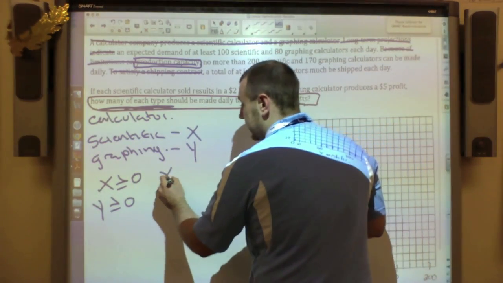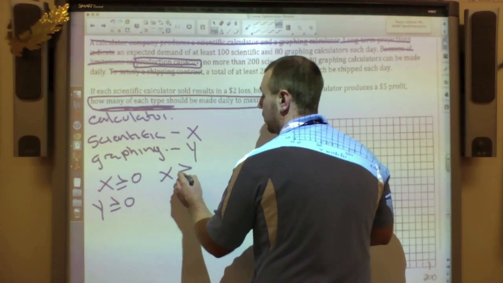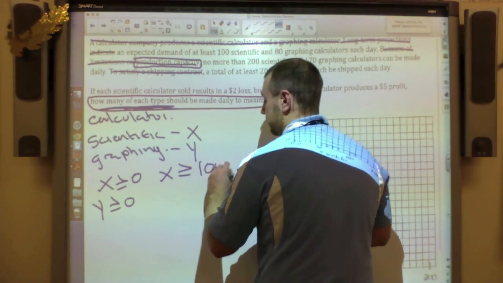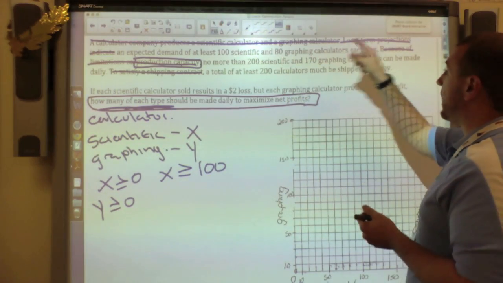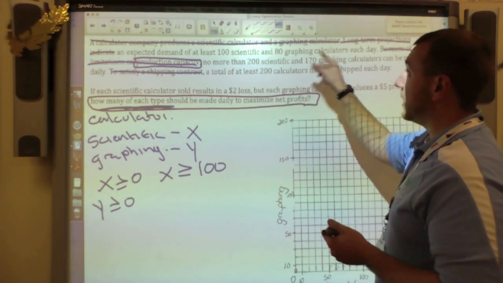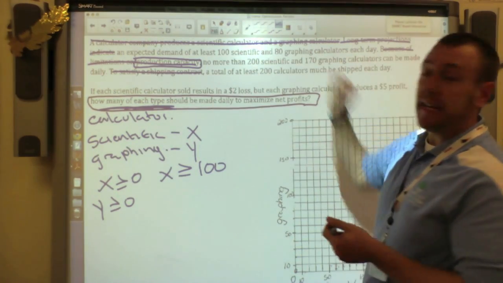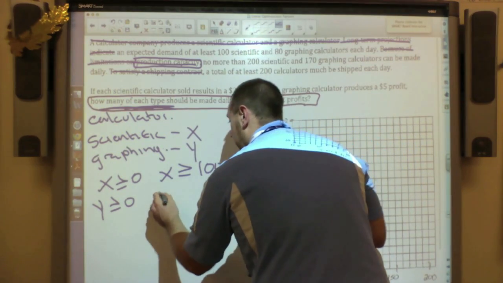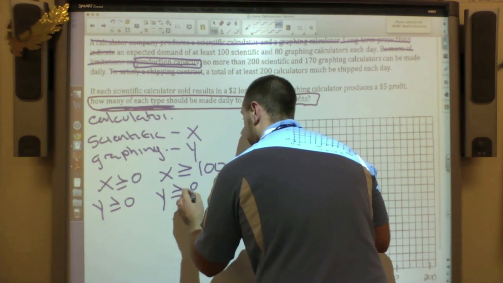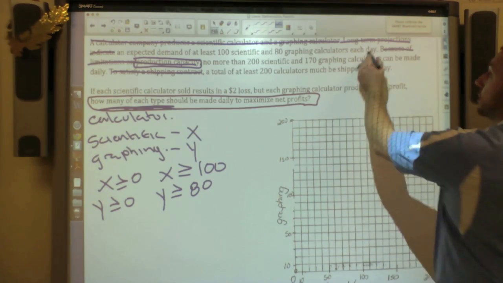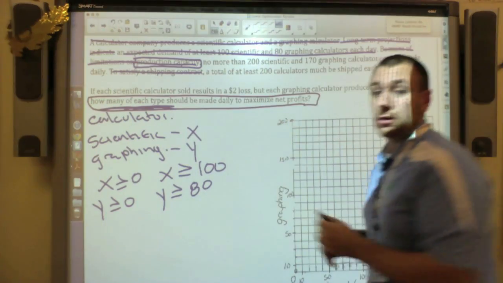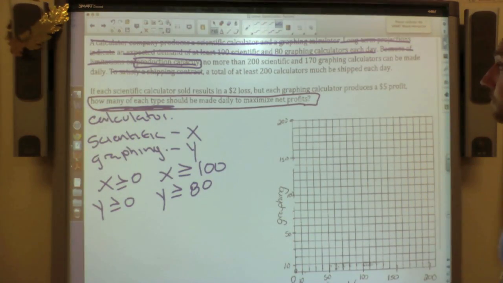So X has to be greater than or equal to 100. And 80 graphing calculators each day. So graphing calculators has to be at least 80. So Y has to be greater than or equal to 80. I got that information. Now, I'm going to cross that out. I don't want to go back to it.